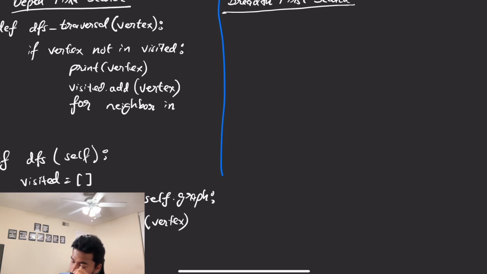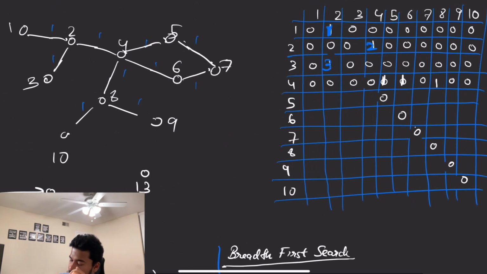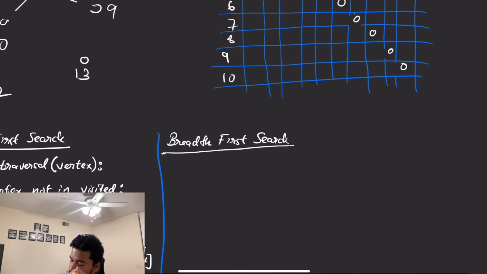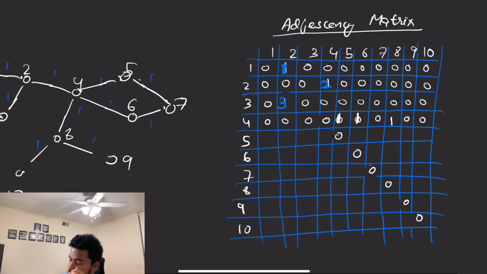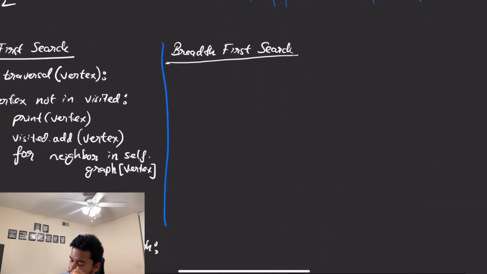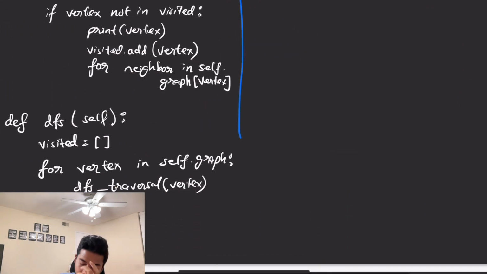Here self.graph basically means the adjacency list representation. So self.graph 1 would be this, self.graph 2 would be this. For neighbor in self.graph vertex means this is a neighbor, this is a neighbor, etc. You would iterate over the neighbors, and then you would call the DFS traversal, right?